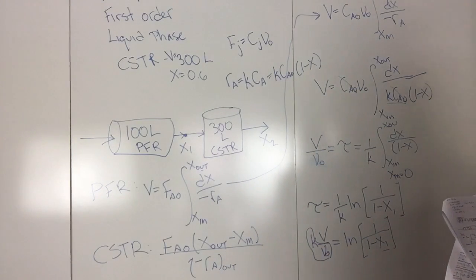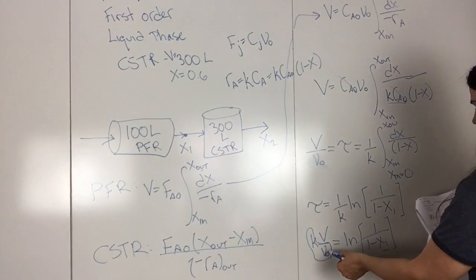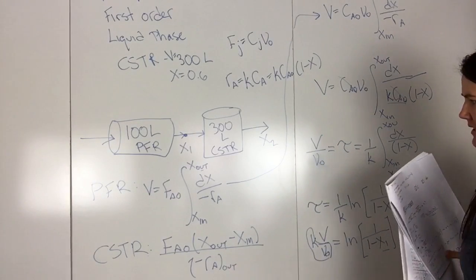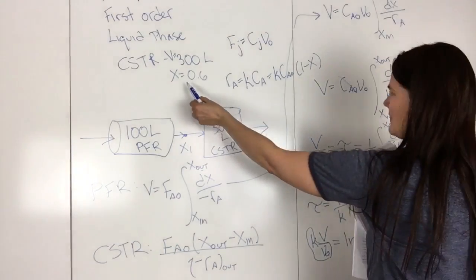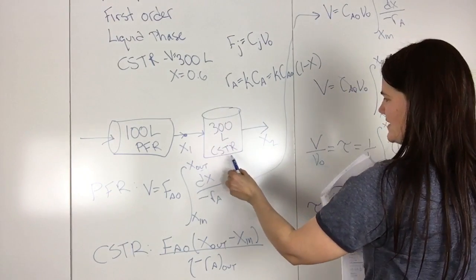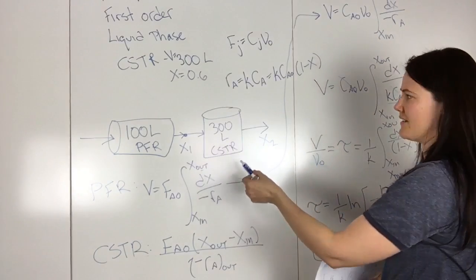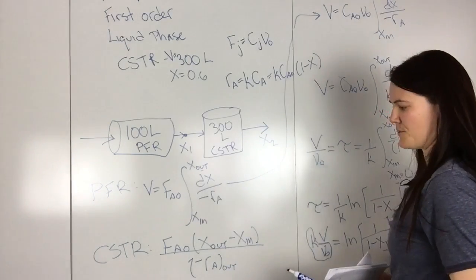So to get these, we want to solve the known CSTR equation, because it's already told us that if we're just using the CSTR by itself, then we get a conversion of 60%.